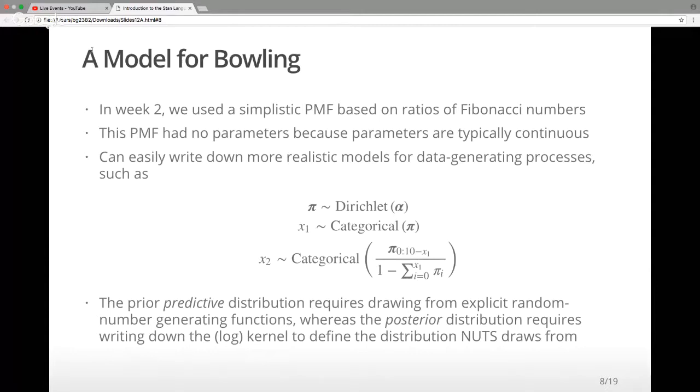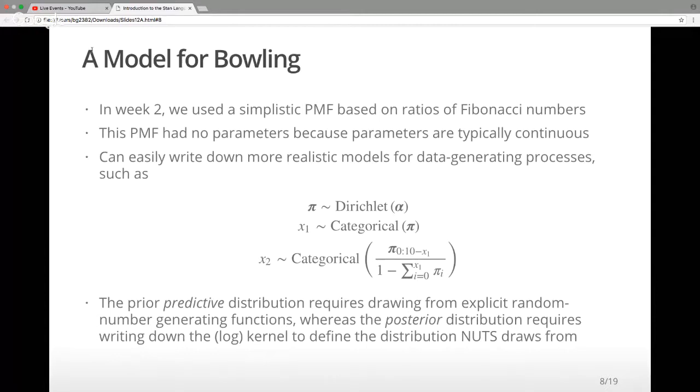When you have data, that is going to be a little bit different. So prior predictive distribution entails drawing from random number generators, but you're just sort of specifying the distribution that you want to do a random draw from. When you have the data already that you believe to be the output of a process like this, you're just not entirely sure what pi is.